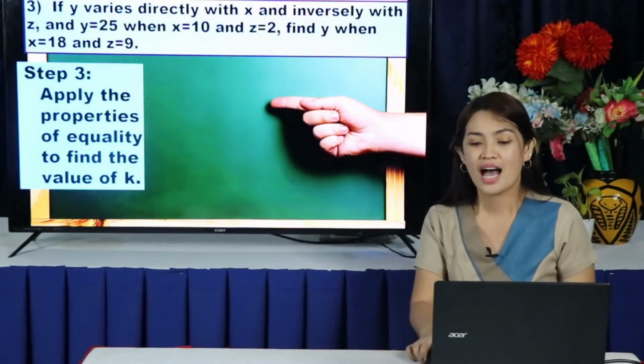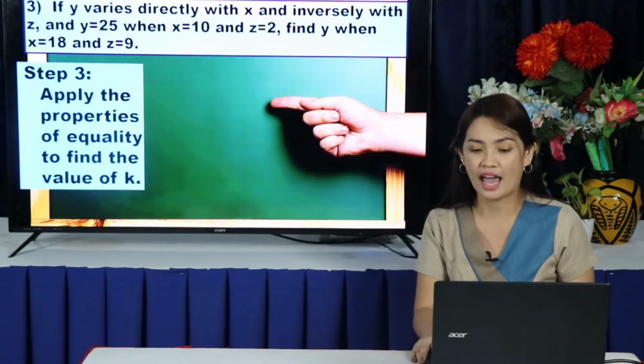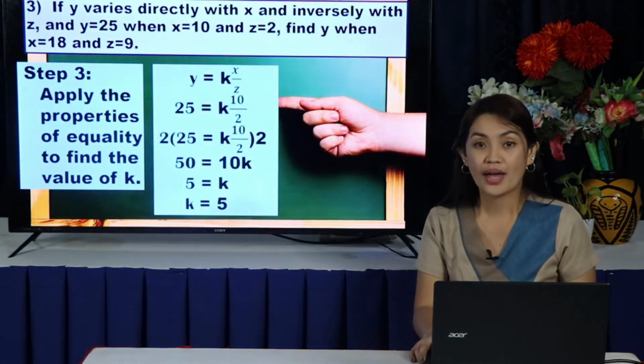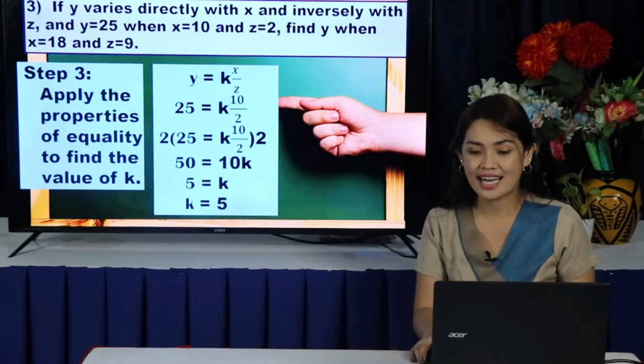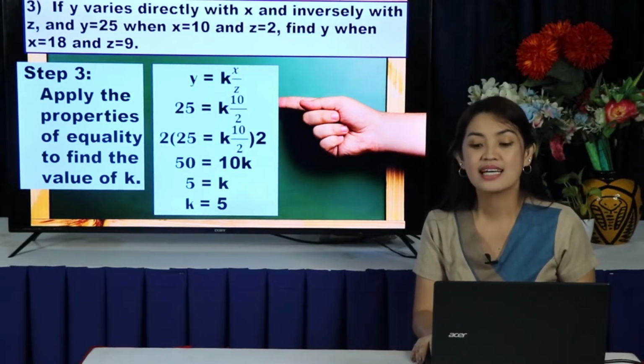Step 3. Apply the properties of equality to find the value of K. From 25 equals K times 10 over 2, multiply 2 to both sides. So it becomes 2 times 25 equals K times 10 over 2 times 2.